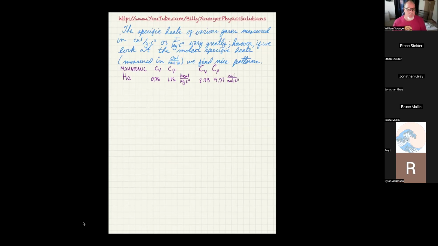Now that doesn't look like much because we only have one value. But now if I look at a second one, which is also monatomic, in this case I get 0.148.